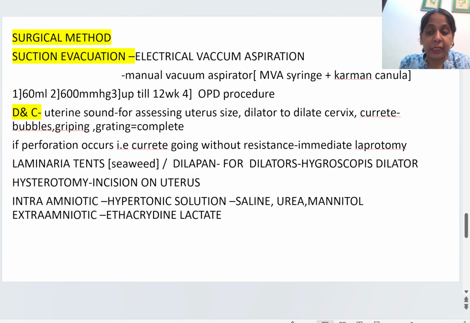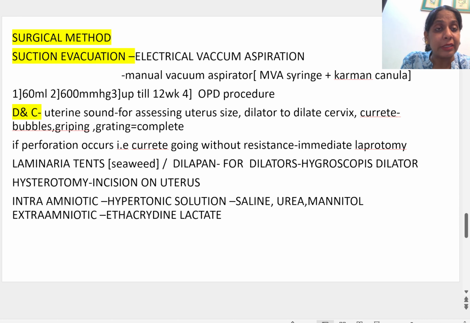Now, what are the surgical methods of evacuation or abortion? One is suction evacuation, in which we use the MVA syringe. It's a quite large syringe, a manual vacuum aspirator, and on the front of it we attach the Karman cannula, which we attach in front of the MVA syringe to do the suction.